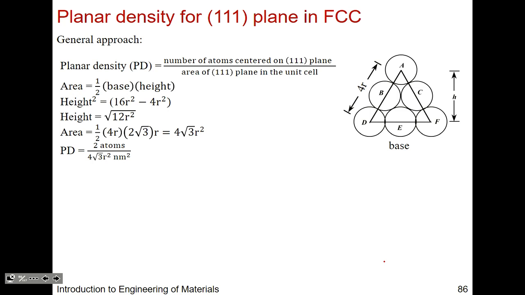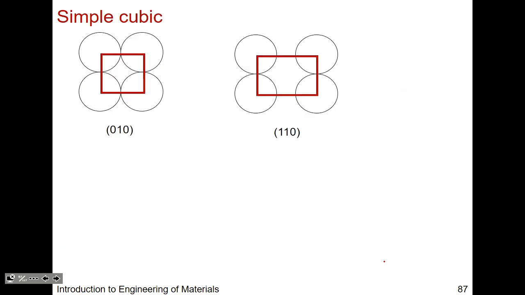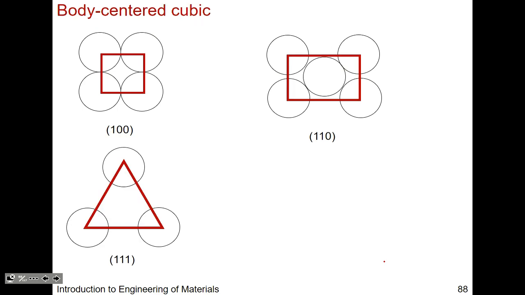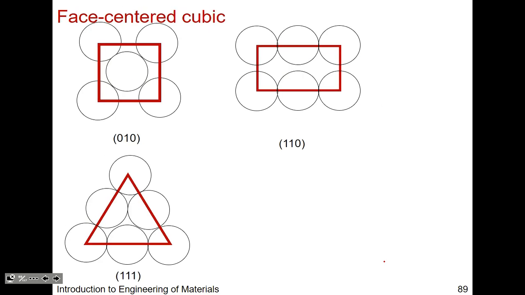If you happen to have a 111 plane in FCC, or a 100 plane in FCC, or 100 plane in simple cubic, whatever symmetry you have, you can also calculate how dense it is in the plane. Here I've also rendered what planes look like, so that you can do your counting for simple cubic, body-centered cubic, as well as face-centered cubic.